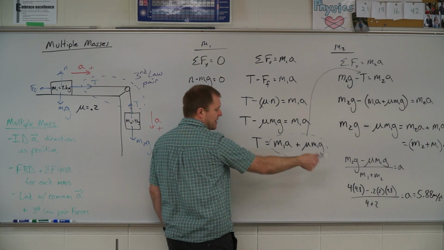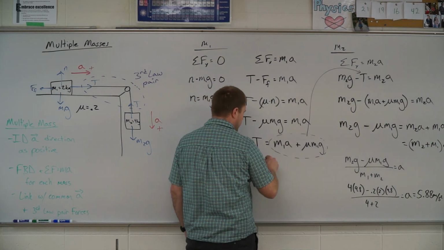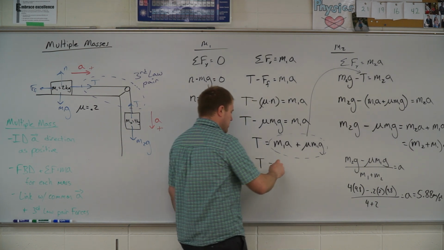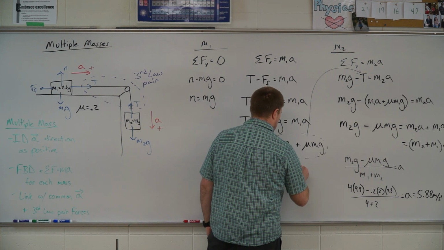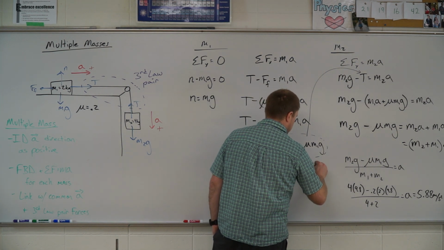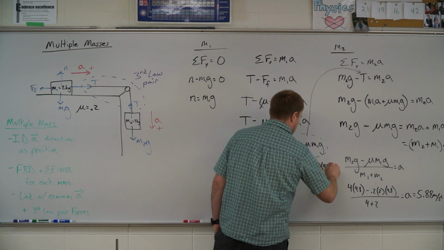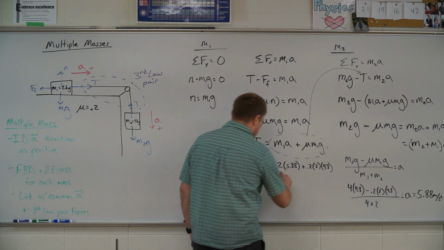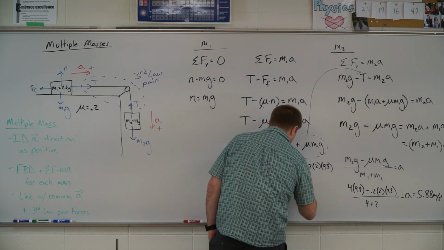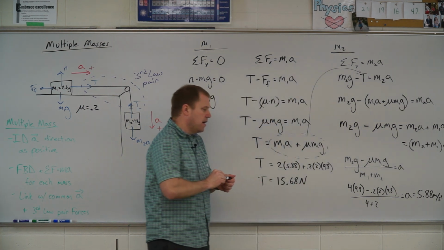I can then plug that acceleration in here along with those numbers: 2 times 5.88 plus 0.2 times 2 times 9.8. We get a tension of 15.68 newtons. There you have it.